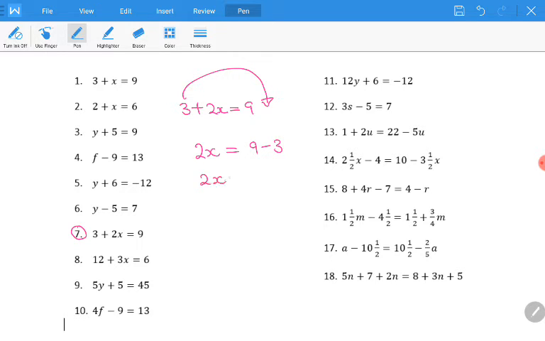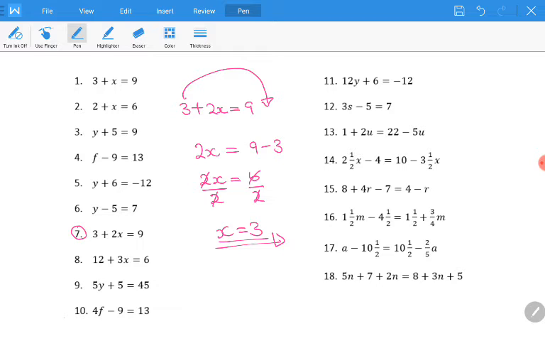So 2x is equal to 6. So here, to get the value of x, I need to divide by 2. So if I divide by 2 both sides, 2 into 2x, that's x, and 2 into 6, that's 3. So my value for x is equal to 3.